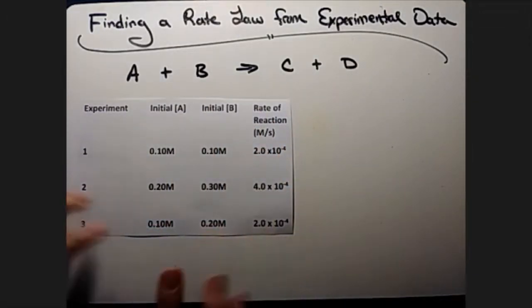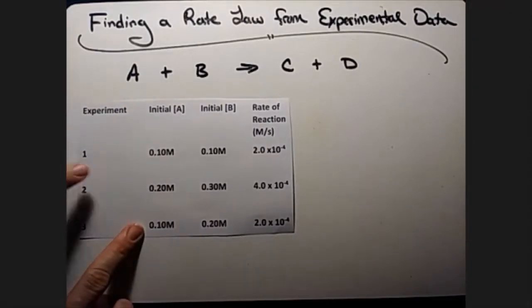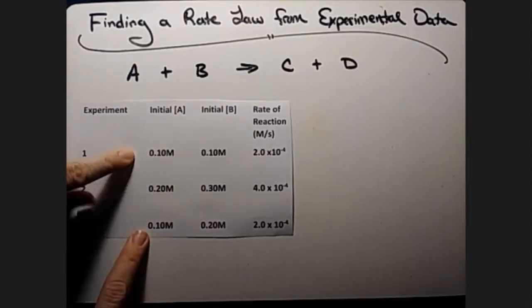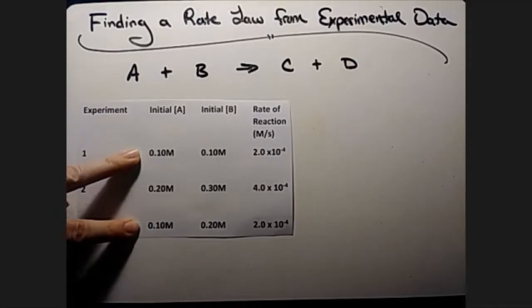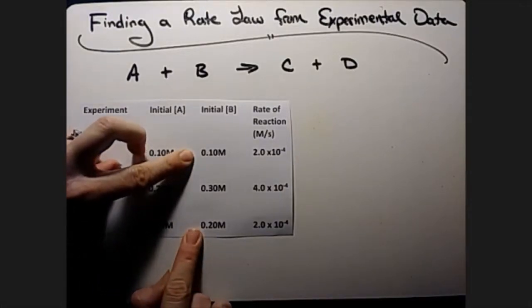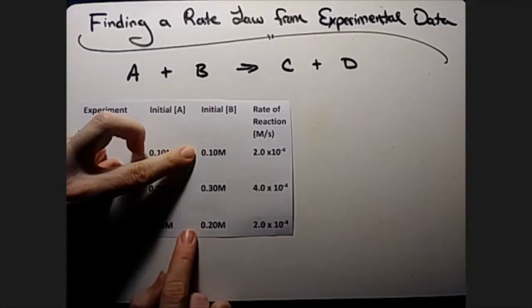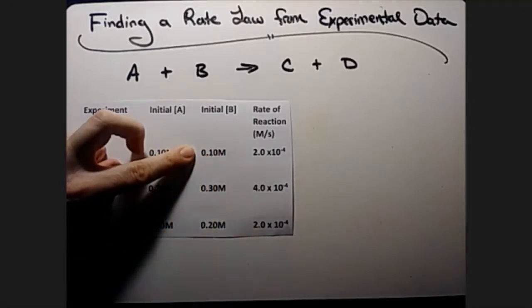So my personal suggestion here would be, let's compare the first reaction and the third reaction, because what I see is that my concentration with respect to A is not changing. What that allows me to do is to only look at what's happening to the concentration with respect to B. Now, going from the first reaction to the second reaction, what I see here is that I've doubled the concentration.